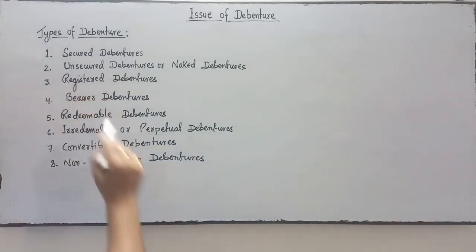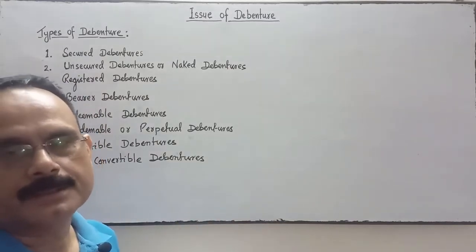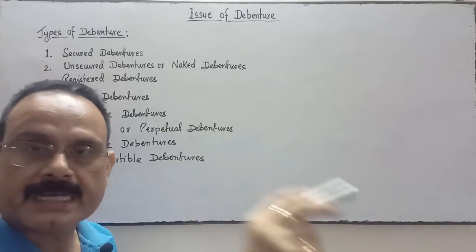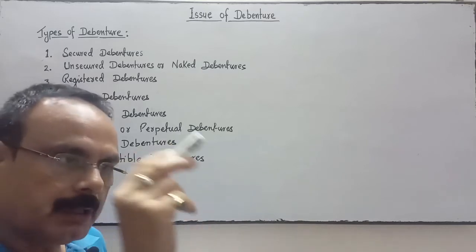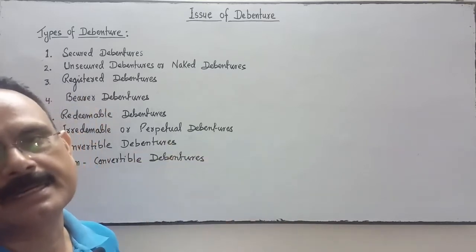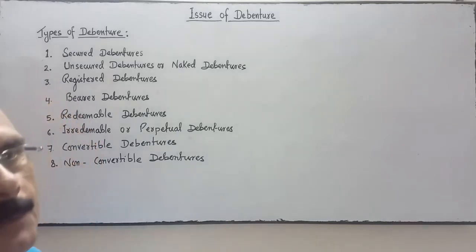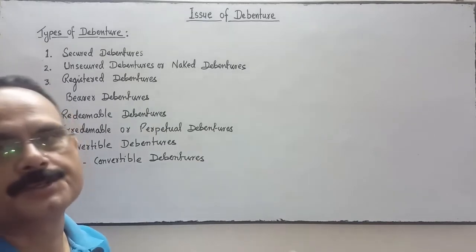Secured debentures means security is given to the debenture holder. That security may be particular fixed assets, or all the assets of the company in general. If it is all the assets of the company, it is called a floating charge. Otherwise, if it is a particular fixed asset, it is a fixed charge.